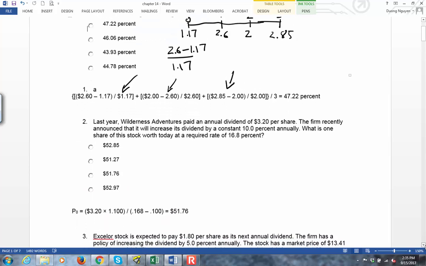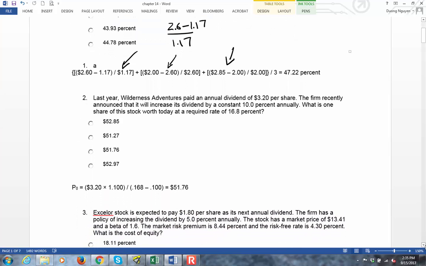Question number 2. Last year, this company paid an annual dividend of $3.2 per share. It announced that it will increase the dividend by a constant 10% annually. What is the price of the stock today?